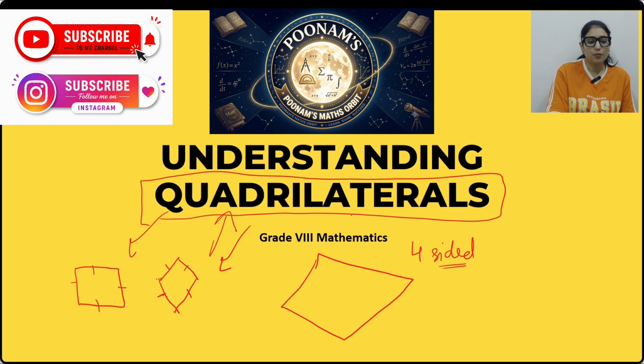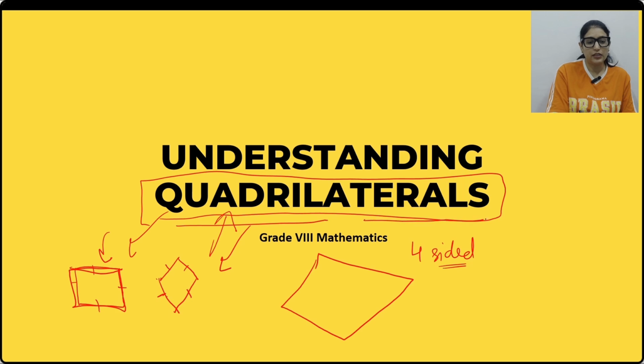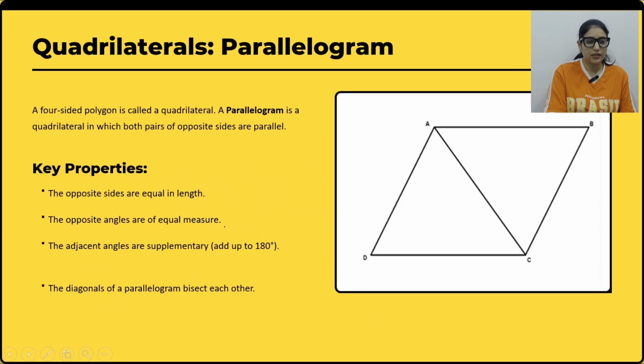So we have so many different types of quadrilaterals. Depending upon the properties of their sides and angles, we call them special quadrilaterals. One by one we will discuss the properties of all these special quadrilaterals. The first one is the parallelogram. What is a parallelogram?